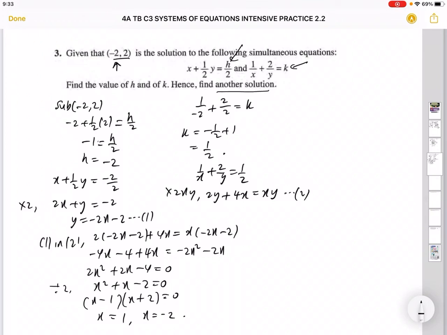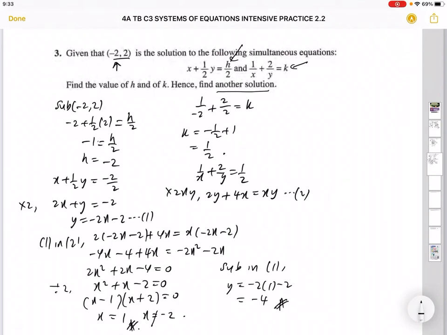So we can't take x equals -2. We'll have to take x equals 1. As we sub inside equation 1, you should be able to get your second solution, which is -4, right? So another solution will be (1, -4).